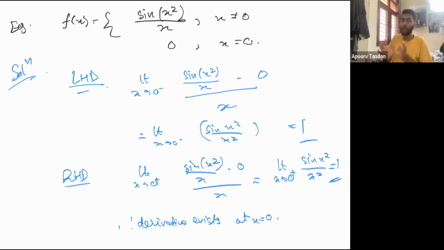Because looking at the function for all non-zero x, we can conclude that it is differentiable. We get the intuitive feeling. Of course, we can verify through limits, but what we see is that sine of x square over x is not going to pose any issues in terms of its finiteness, right? x becomes 0 only at x equals 0.